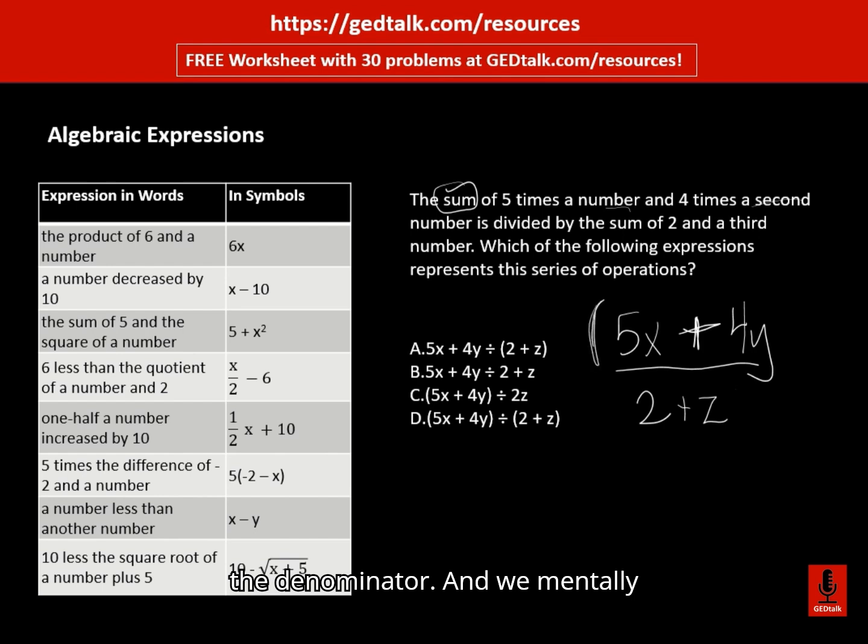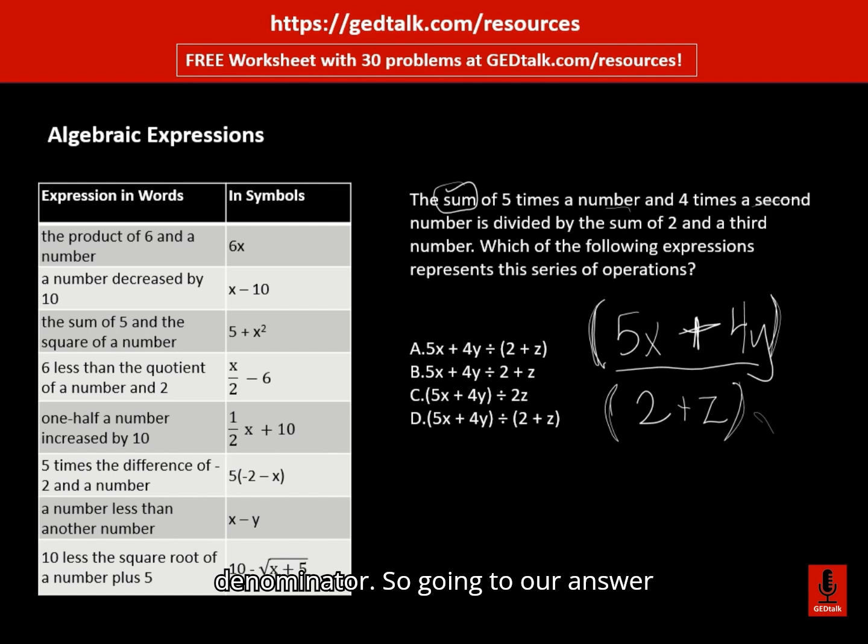And we mentally added those parentheses around the numerator and denominator. And when we even went to our calculator, entered the numbers without parentheses, it gave us the wrong number. We know we need to add these parentheses to protect the sum of whatever is happening in my numerator and the sum of whatever's happening in my denominator.